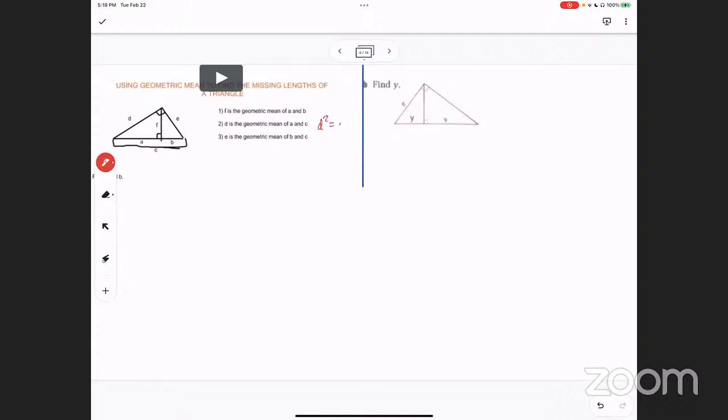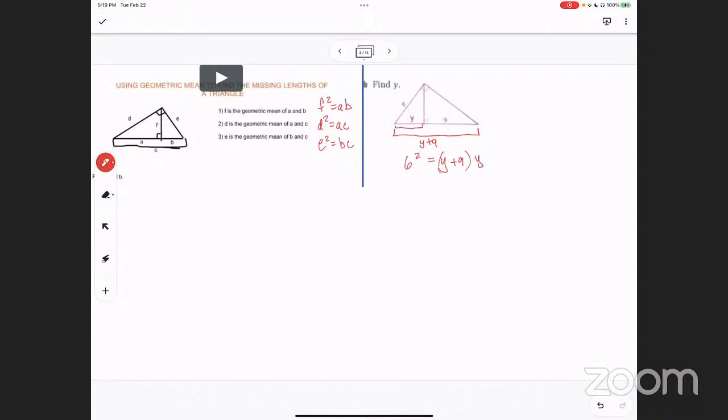D squared equals A times C. This means E squared equals B times C. And this means F squared equals A times B. So I'm going to use that property. I'm going to say 6 squared equals this full thing, which is y plus 9, times this first part right here.